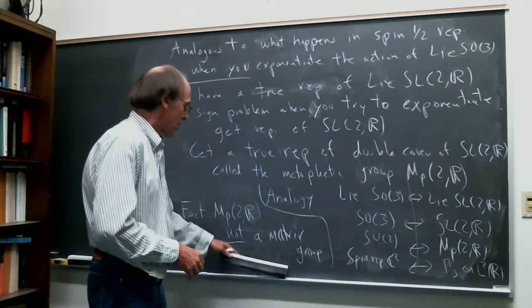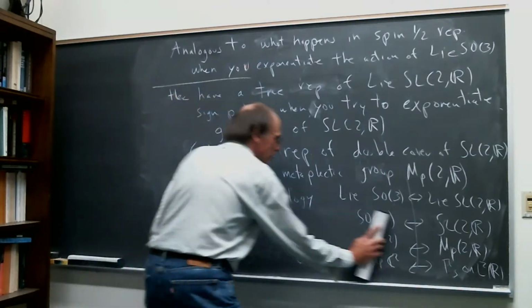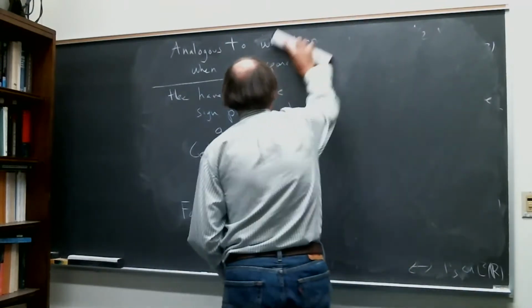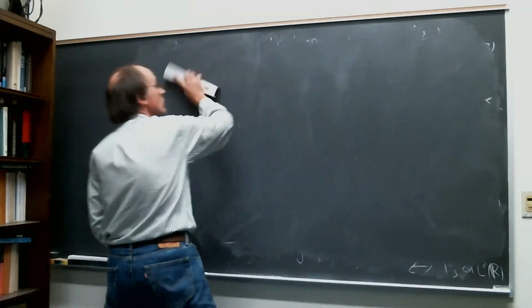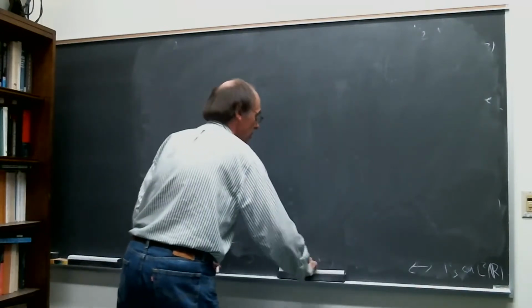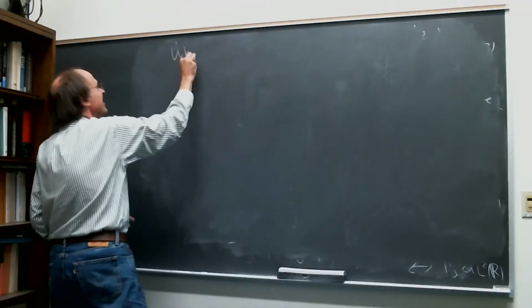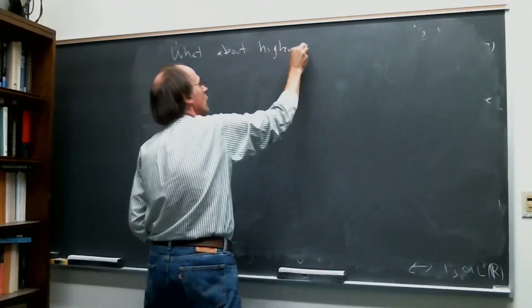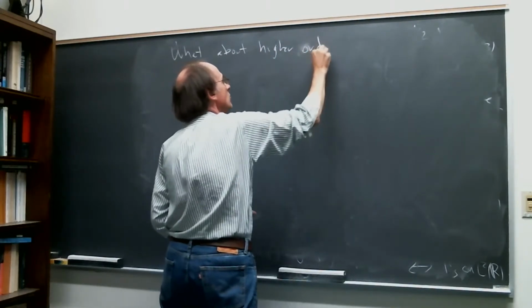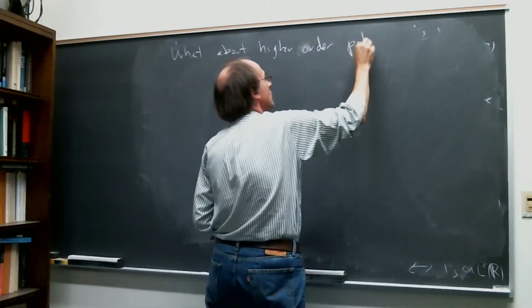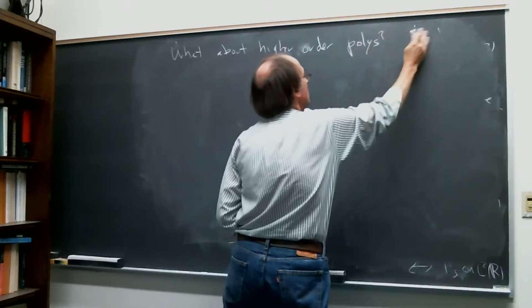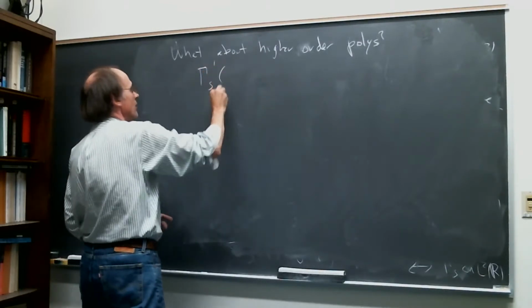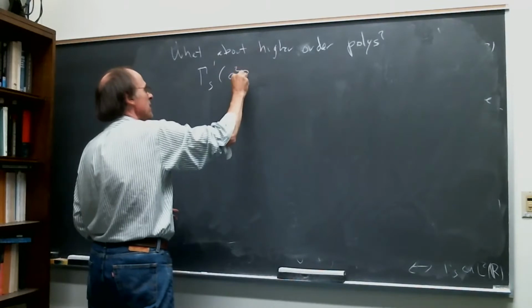Okay, now what about higher order? So in other words, we'd like to know what is gamma S prime of q squared p or something.